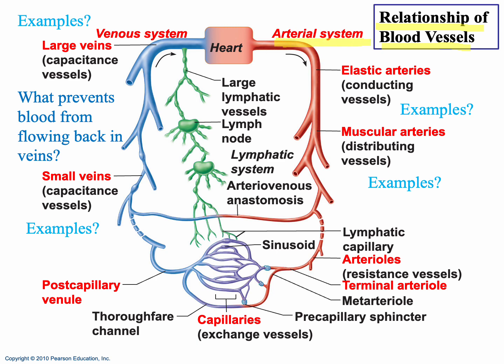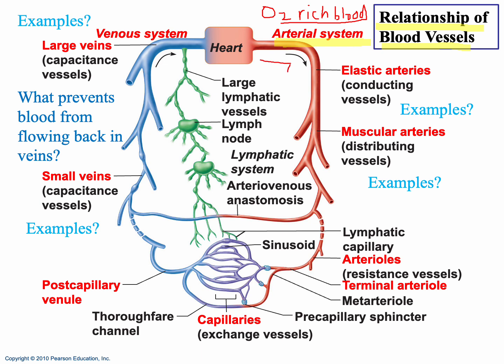The arterial system refers to blood vessels that have oxygen-rich blood, hence color-coded as red.